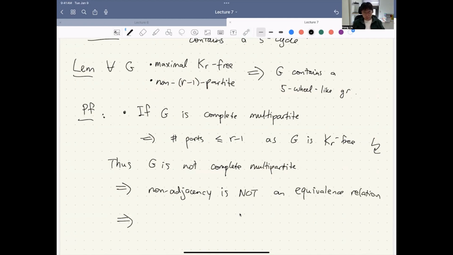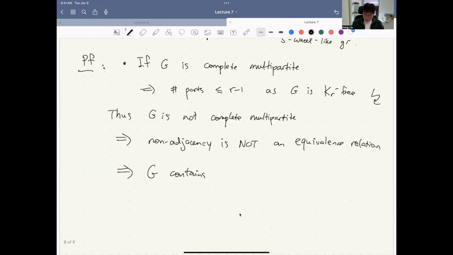Which then implies that G contains three vertices, V, W1, W2, such that V is not adjacent to W1, W2, and W1, W2 is adjacent to each other, is an edge.